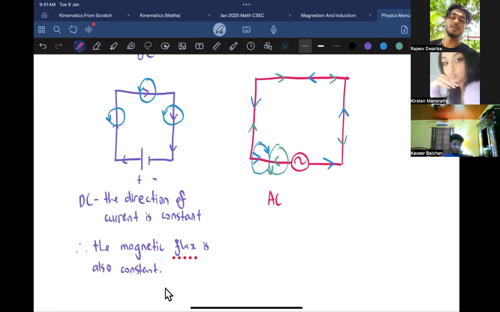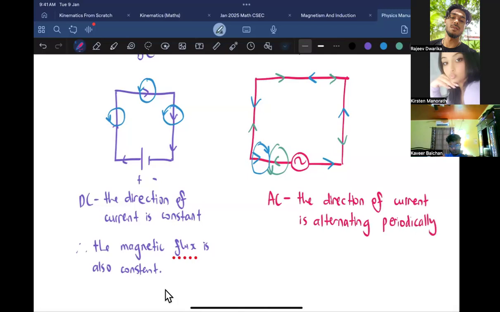But in the AC circuit, the direction of the current is alternating periodically.